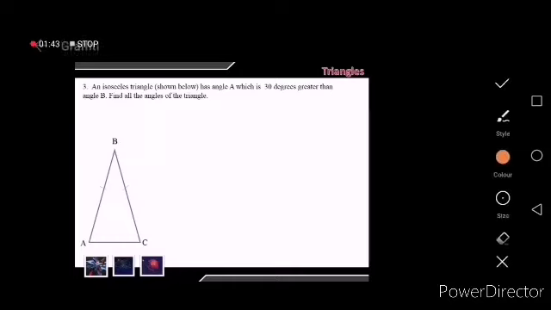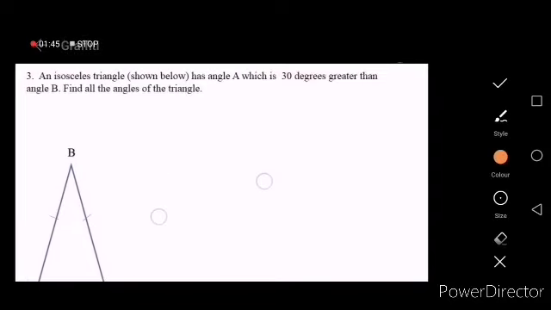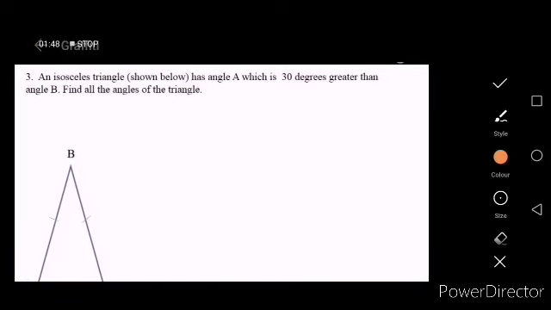Now, let's try solving for the missing values. So, the measure of angle A again is x plus 30 degrees, right? But since angle A and angle C are equal, then I just need to multiply this measure by 2. Kumbaga, in-add mo na yung angle A at saka angle C dyan. And of course, ano na lang hindi natin na-add?